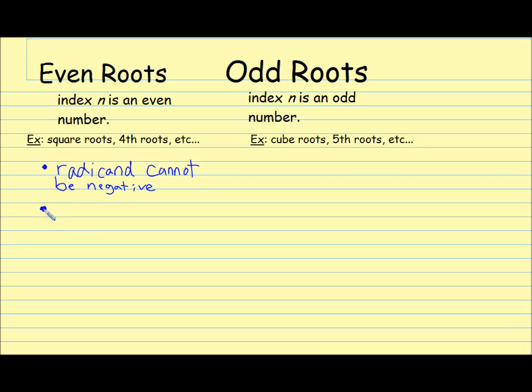Another thing we know about even roots is that there's a range restriction. There are only non-negative numbers for your range. And so the results are what's on the other side of the equal sign. If you have your radical isolated, the result also cannot be a negative.